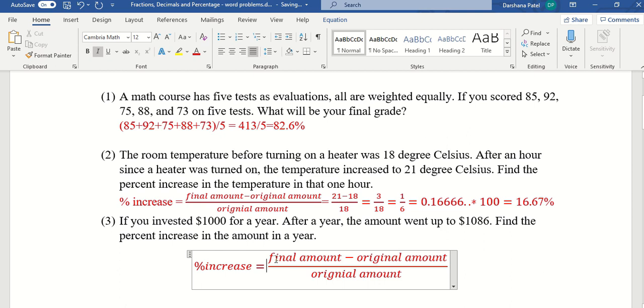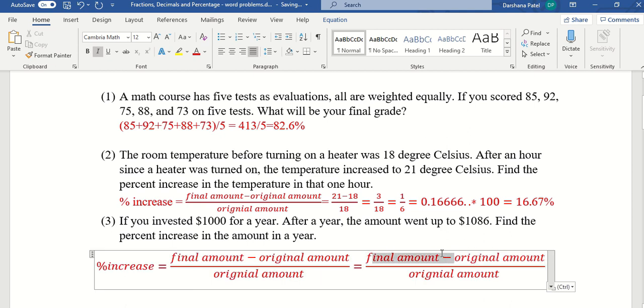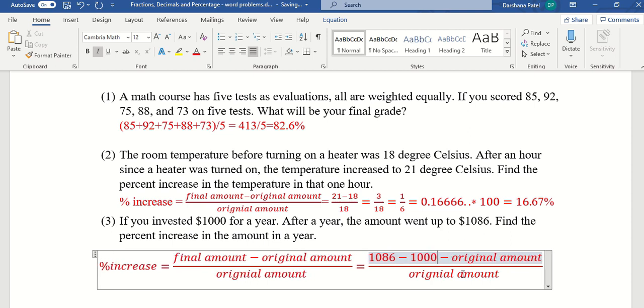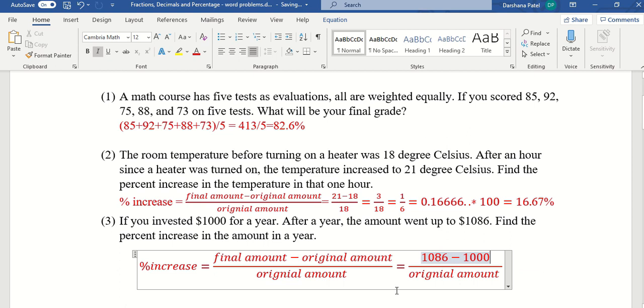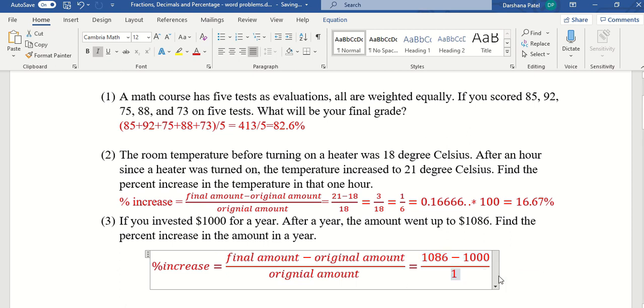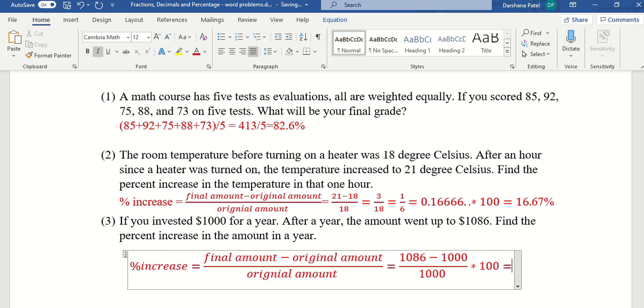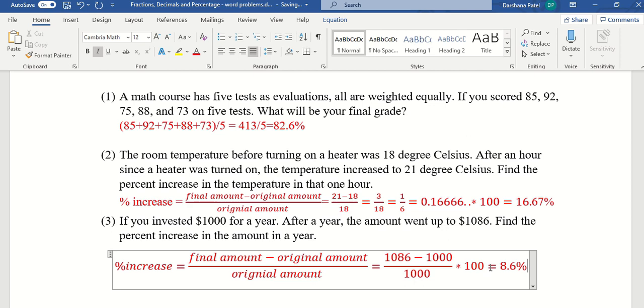So it will be 1,086 subtract 1,000, so that will be $86, divided by 1,000, and because we are converting it into percent, times 100. So 86 over 1,000 times 100 is 8.6%.